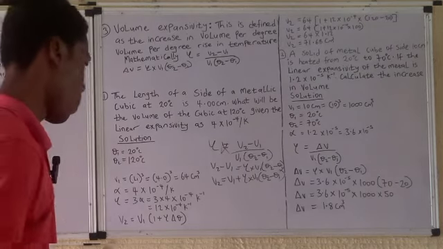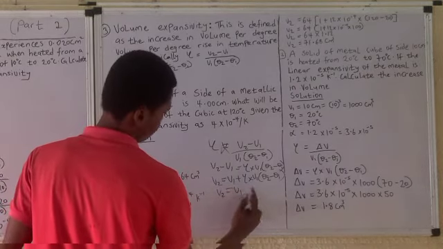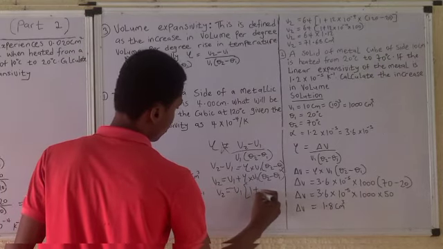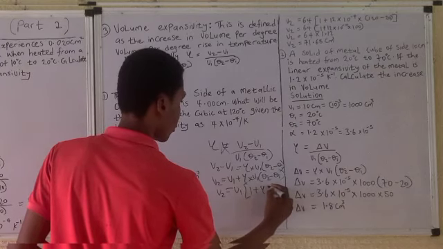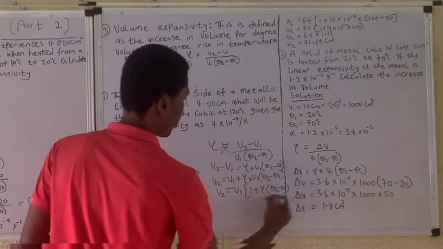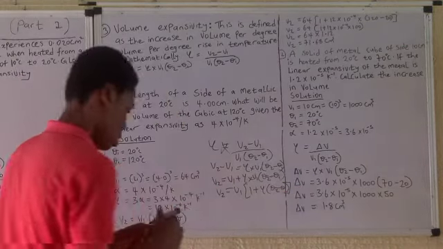So we continue. V2 equal to V1 in bracket 1 plus our gamma theta 2 minus theta 1. So this is how we derive the formula.